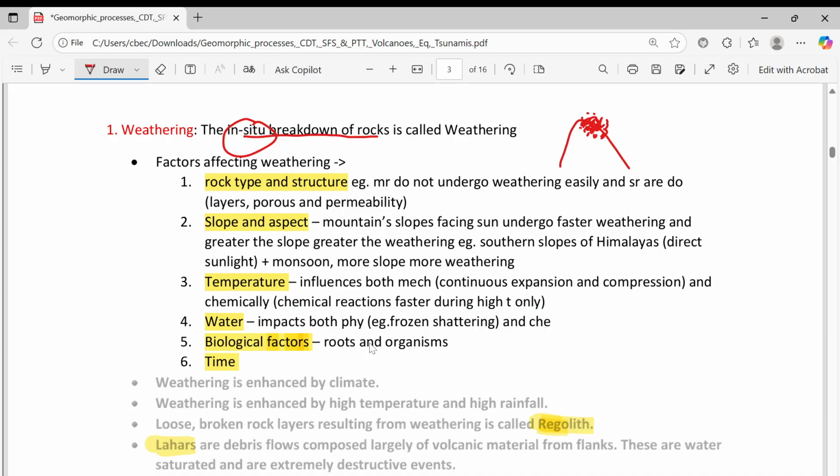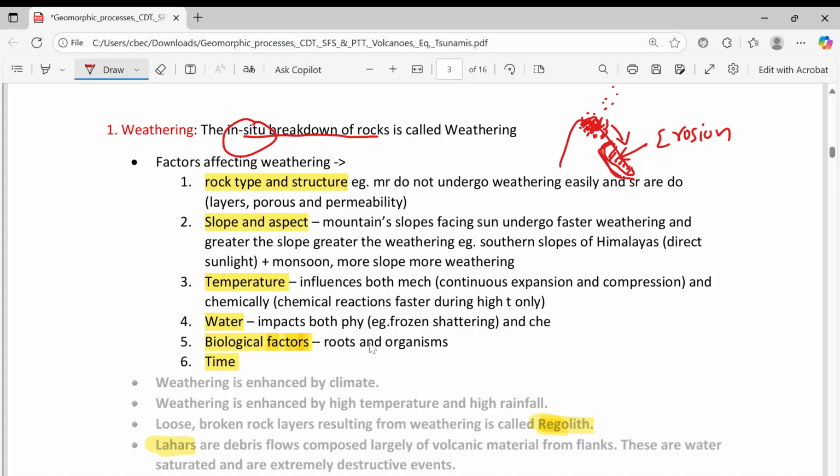This weathered material, for example when rain has come, will keep flowing down. In flowing down, it will cut some part, and now this part is gone. This is called erosion. Weathering is in situ breakdown, but when the weathered material flows down, it cuts some part of the mountain.